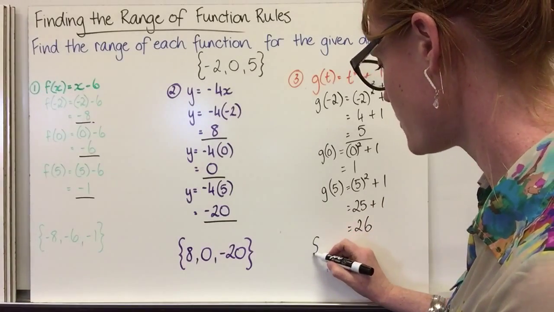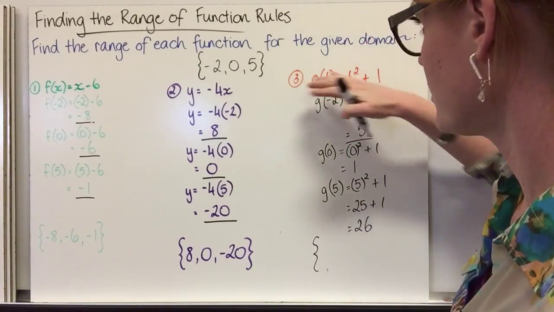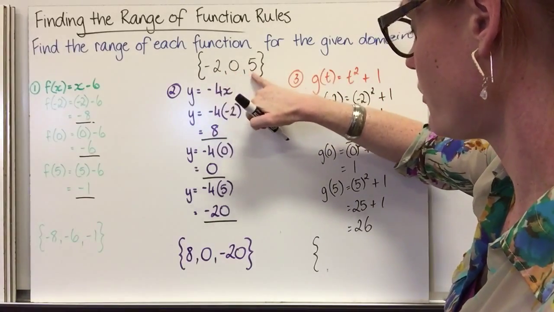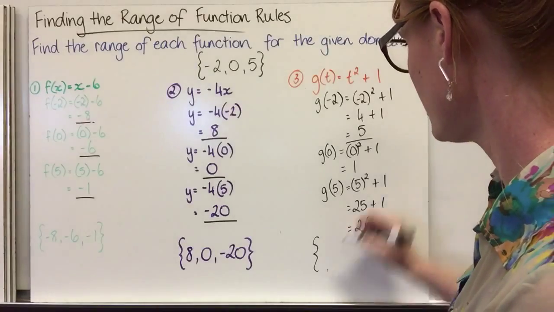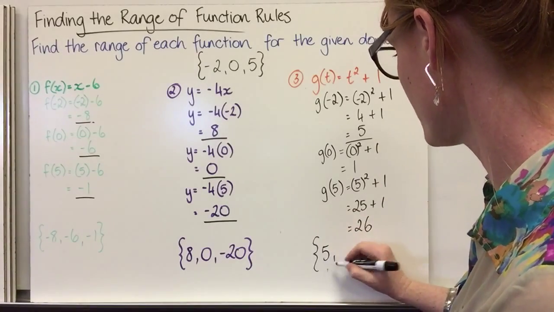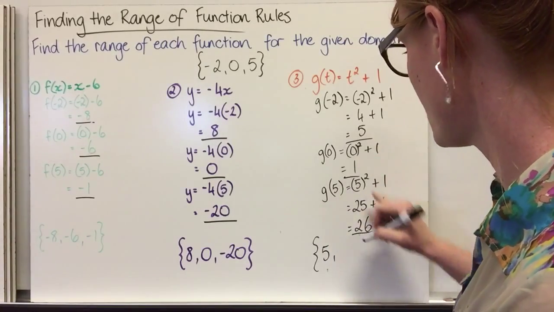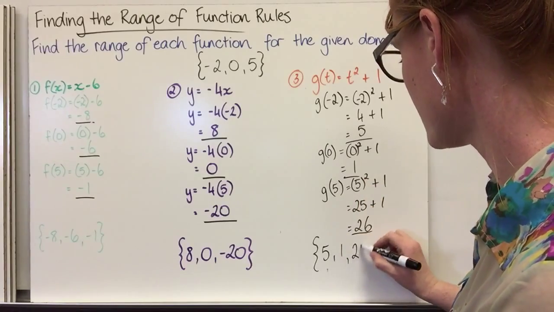So our range values for the given domain, negative 2, 0, and 5, for the function g of t equals t squared plus 1 are 5, 1, and 26.